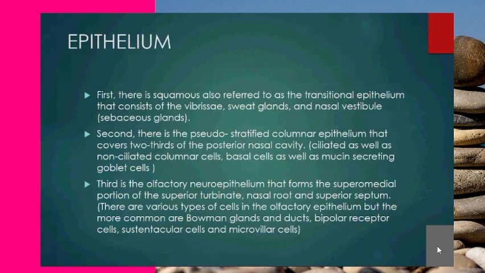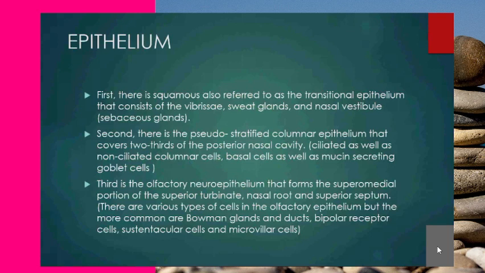So where is it situated? It is situated in the superior medial portion of the superior turbinate, or otherwise the roof of the nasal cavity, which separates the anterior cranial fossa. Where is that? It is at the cribriform plate.